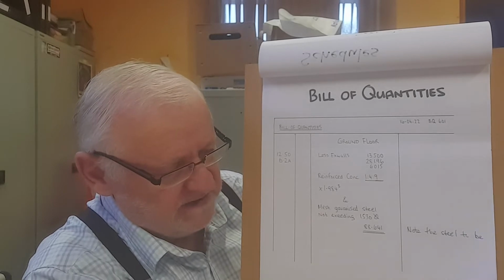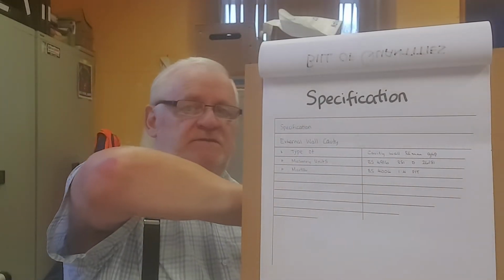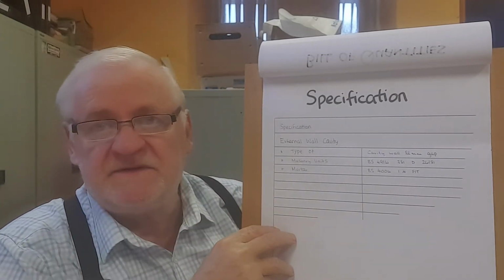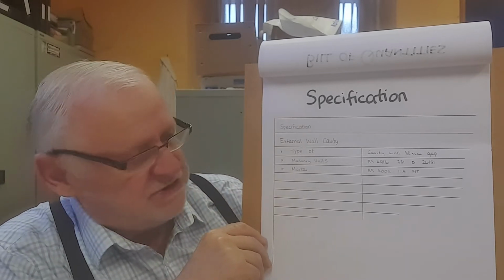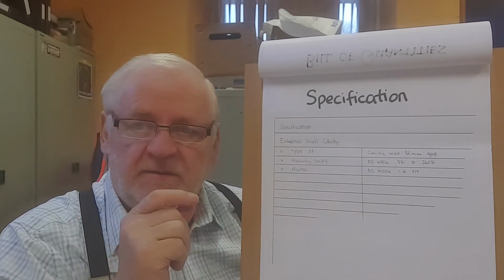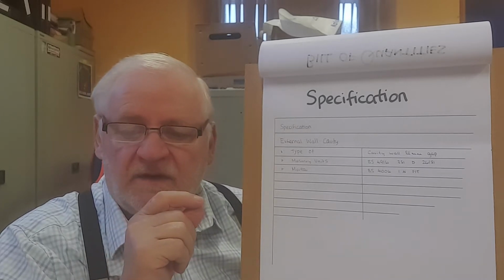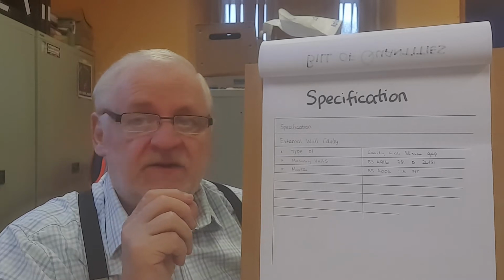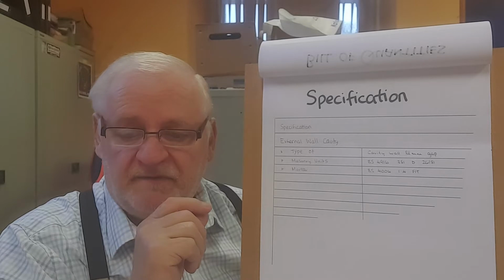Let me see if I can turn this page. Now, a specification, I don't know whether you can quite see this. It's quite fine print. I'm so sorry about that. You might be able to make it bigger. A specification is a document which specifies the quality of the materials that are going to be provided and also the quality of the labor that's going to be provided.